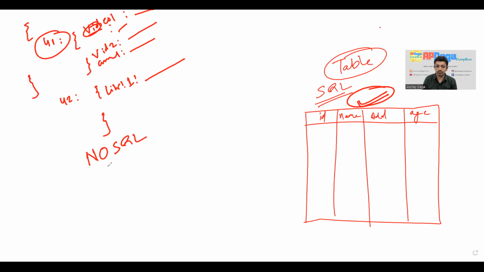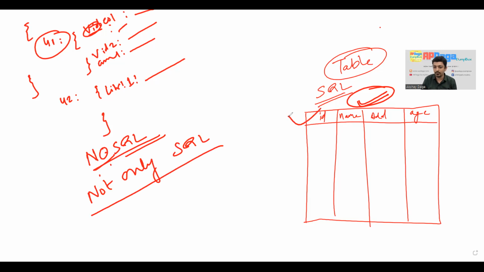And don't get confused, NoSQL doesn't mean no SQL. It means not only SQL. You can store SQL-like tabular data in this NoSQL, and you can store more than that as well. So that's why we call it NoSQL. From this, you got the idea what NoSQL means, right? So let's go back to our Jupyter notebook.